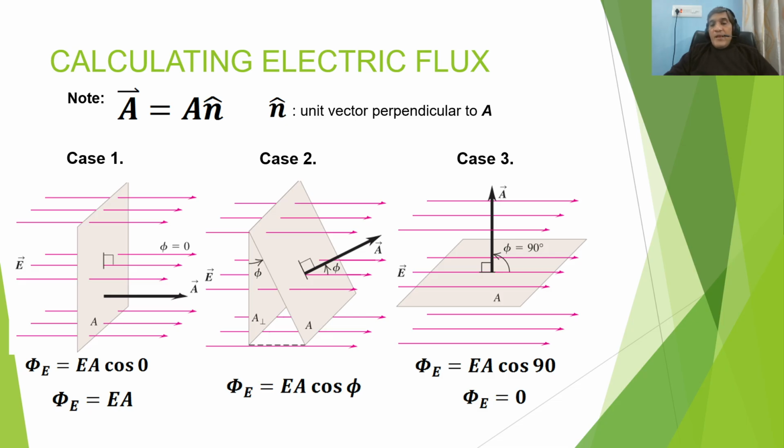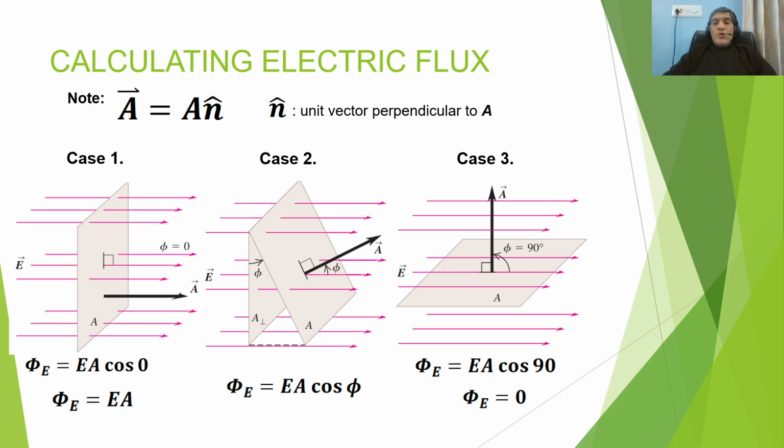In case 3, we have a 90-degree angle between area vector A and the electric field direction. So according to the formula, electric flux equal to EA cos 90, and cos 90 is 0. So if the direction of the electric field is perpendicular to the area vector, then the electric flux is 0.